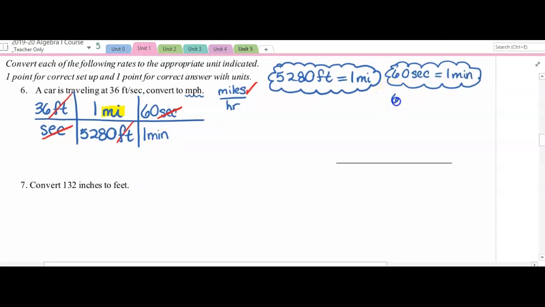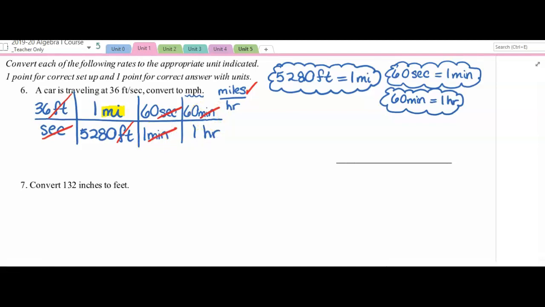But I also know that there are 60 minutes in 1 hour. It's my third unit conversion factor. And again, I want to put them in such a way that the minutes will cancel. I have minutes on the bottom, so I want to put 60 minutes on top and 1 hour on the bottom. The minutes cancel. I have hours on the bottom, which is exactly what I wanted.